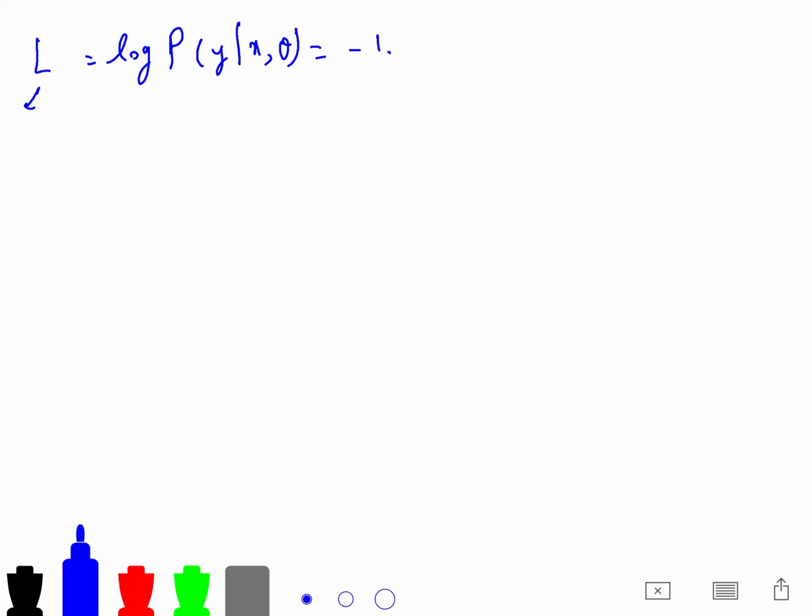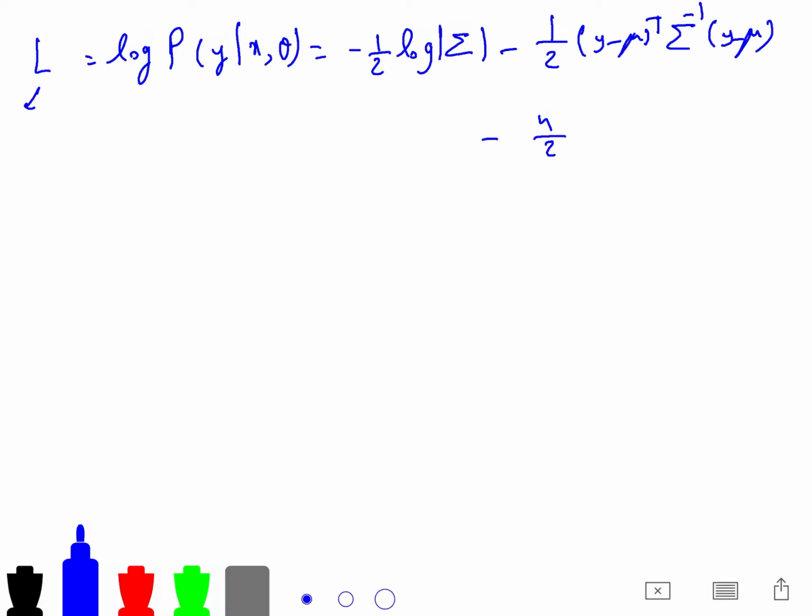And so this is equal to log of your covariance minus 1/2 y minus mu transpose sigma inverse y minus mu. And of course, a term which is constant, and we don't care about it at the end of that. So what we are interested in is, if you just give me your gradient, that's it. I can do whatever I want, gradient descent or anything else.